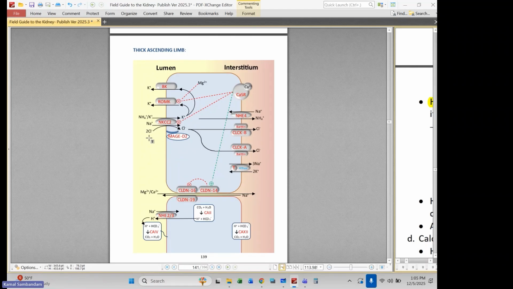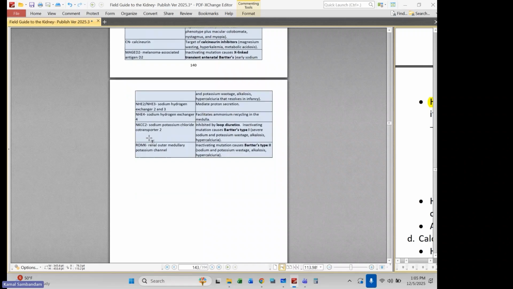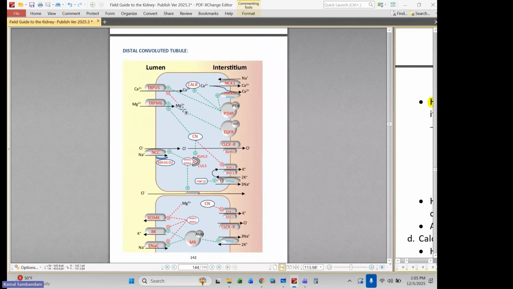That's not helpful. But if I block any of the segments other than the thick ascending limb, I tend to cause volume contraction without increasing urinary calcium excretion rates. And in fact, urinary calcium excretion rates can go down because I'm volume depleting you, right?